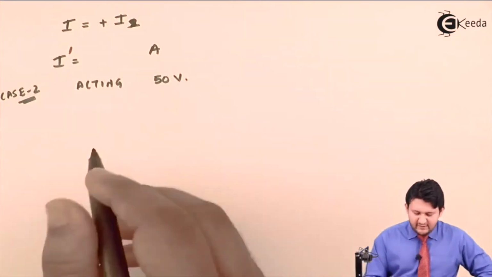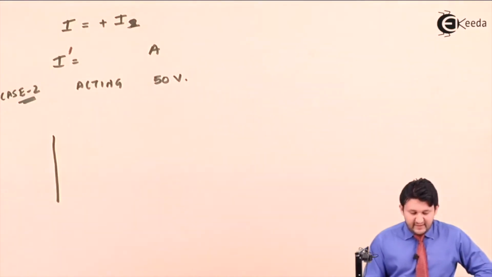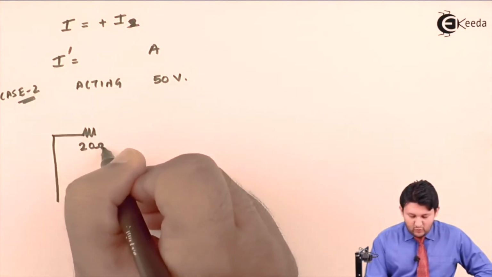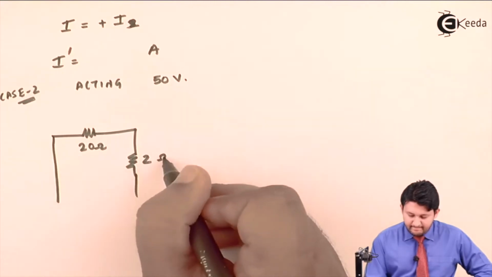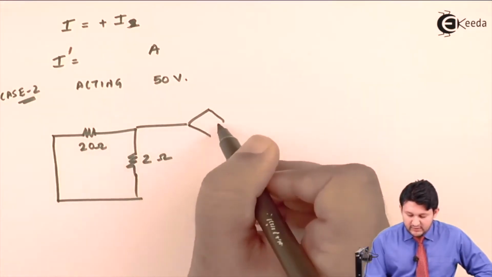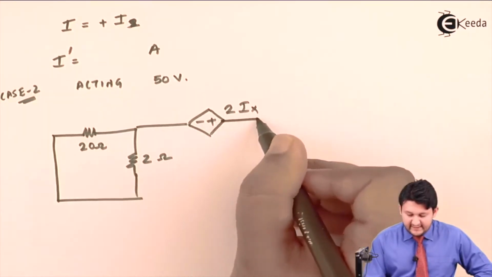So your network will be, the 70 volt will be shorted, the circuit will be having a 20 ohms or 2 ohms, in this format. Your voltage source will be a plus minus, in this case 2 of Ix.